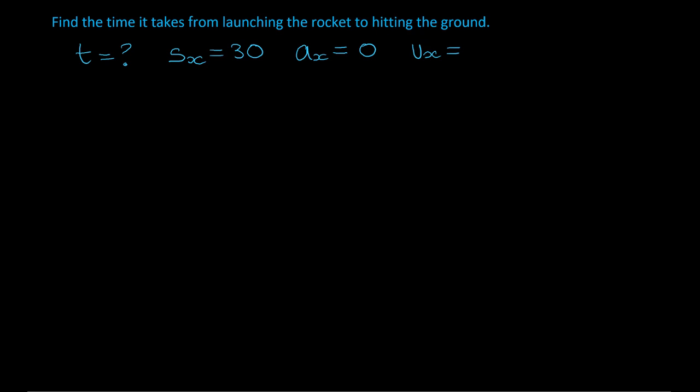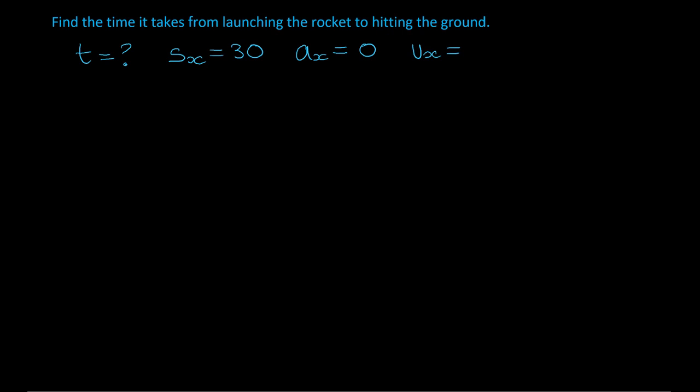We know the horizontal distance travelled is 30 meters, so s equals 30. Acceleration due to gravity acts just in a downwards direction, and therefore there is no horizontal acceleration, so that is 0.